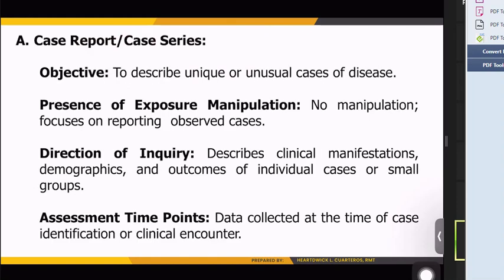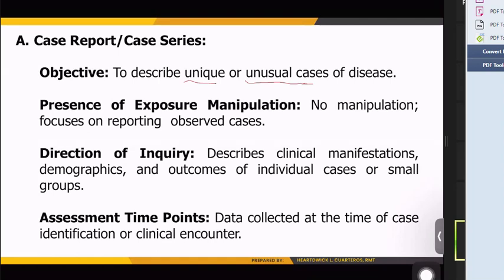Now, we have here the objectives of your case report and your case series, okay? So, objective here, this is to describe a unique or unusual cases of disease. Lagi nating tatandaan, ma'am, sir, ha? Unique, okay? Unique or unusual cases of disease. Case report or case series po, yan. Presence of exposure or manipulation: no manipulation, okay, focuses on reporting observed cases.